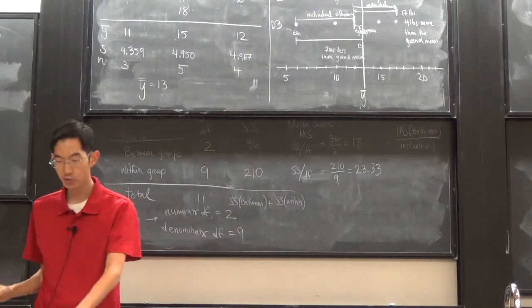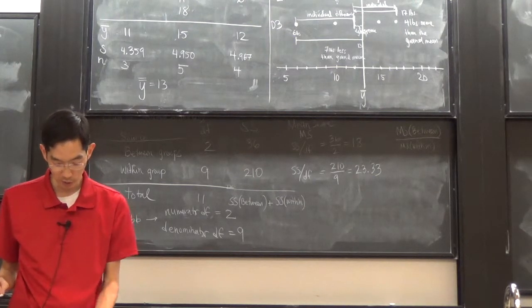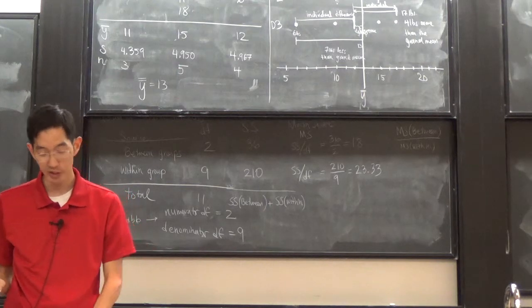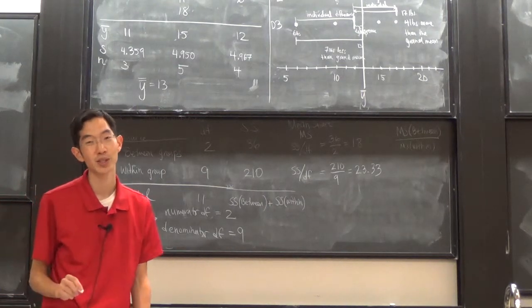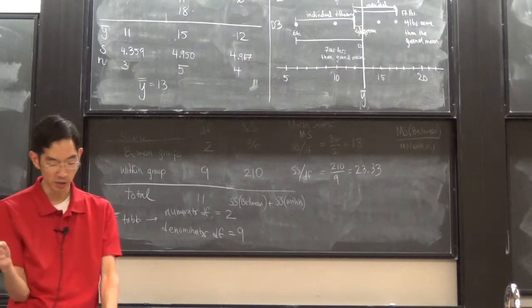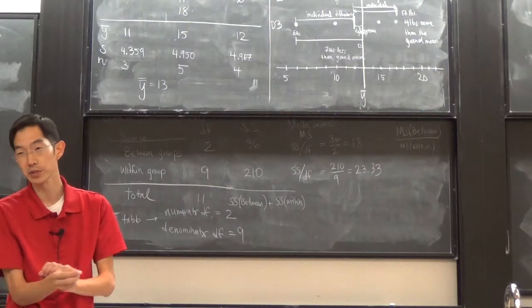And so you would flip to the back of your book and you would see several pages of the F table, and you would go to the page that says numerator degrees of freedom 2, and then in that table you would find denominator degrees of freedom 9. And then you would use the table accordingly.